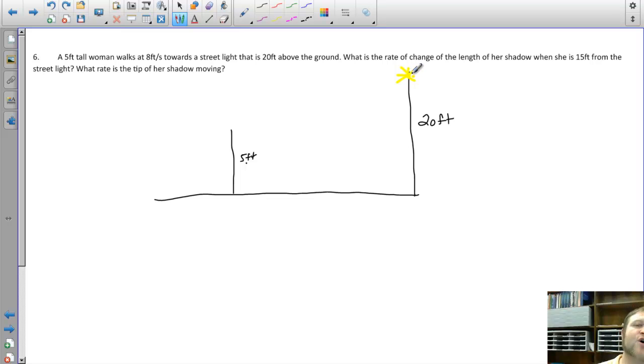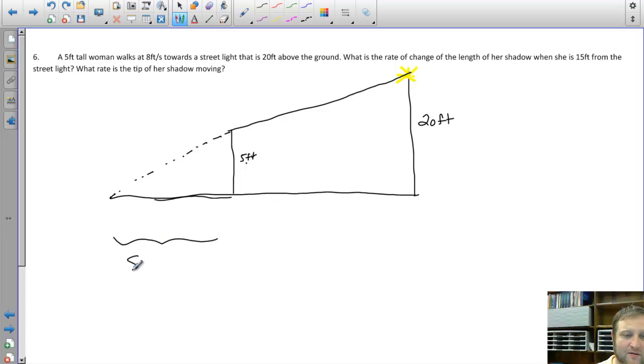What is the rate of change of her shadow when she's 15 feet from the street light? So hopefully we can all recognize that as this light casts upon the woman, it will create a shadow that is going to have a distance from herself. So this value right here is going to be the shadow, and this distance right here is going to be the distance from the woman to the pole itself.